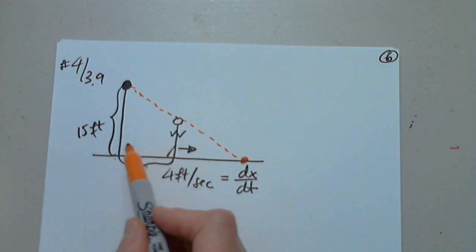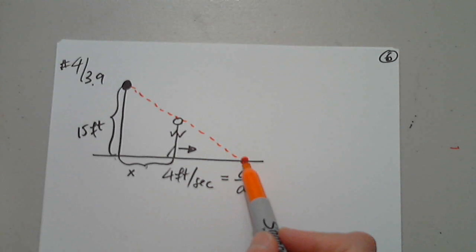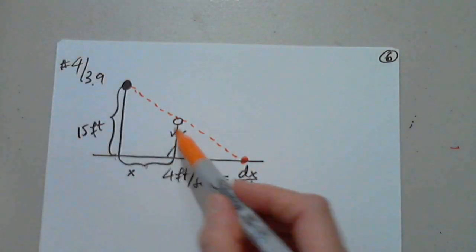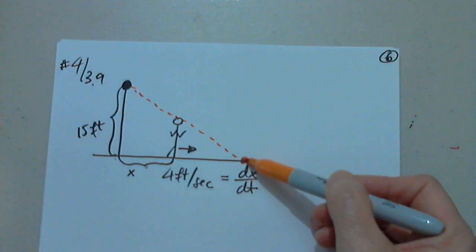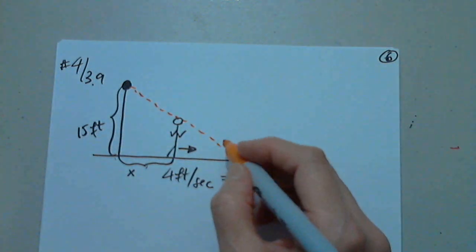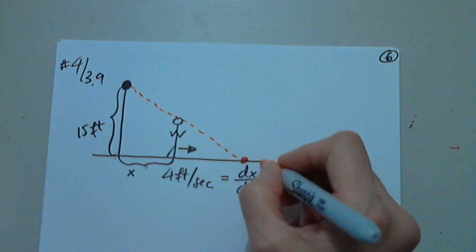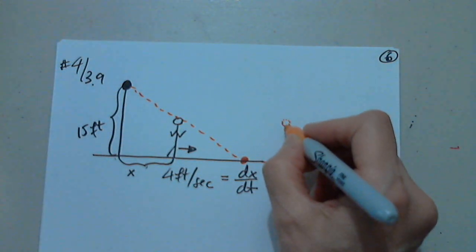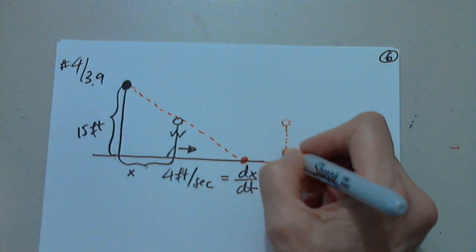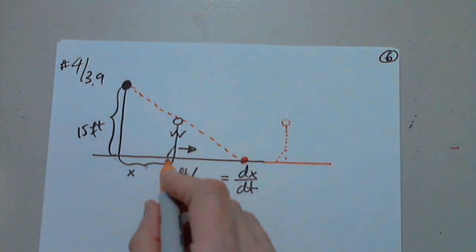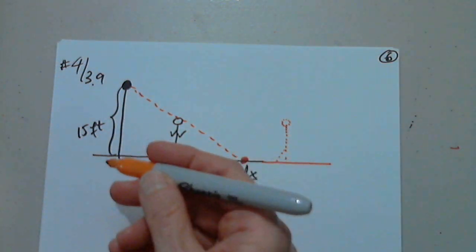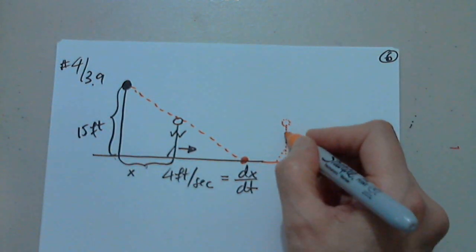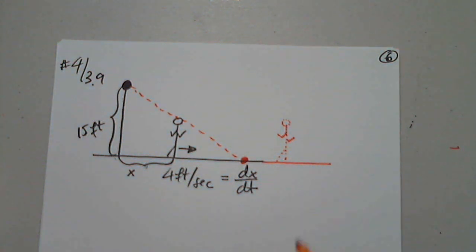So when he is at x, this is the instant with the tip of the shadow. Now when he is here... I'm sorry, I just can't draw a person.